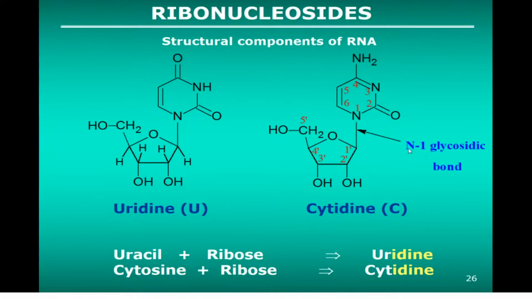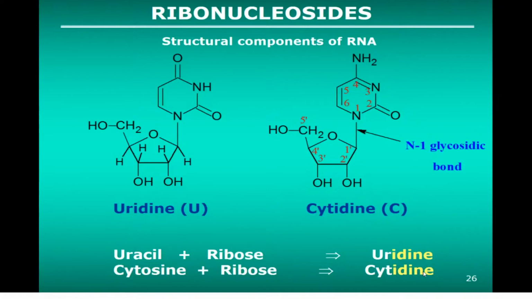In some nitrogenous bases, a different carbon can be bonded to carbon, but these are minor nitrogenous bases. So how to name uracil with ribose? For pyrimidine nitrogenous bases, the suffix is idine.